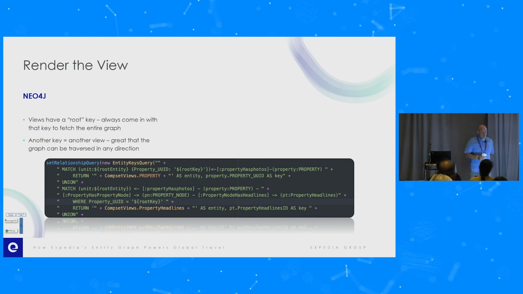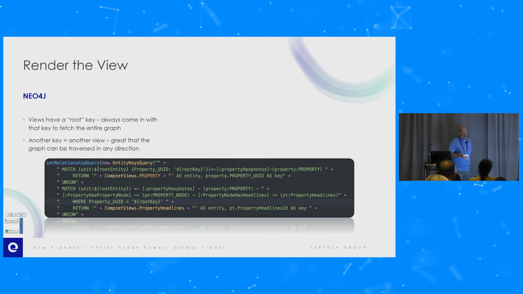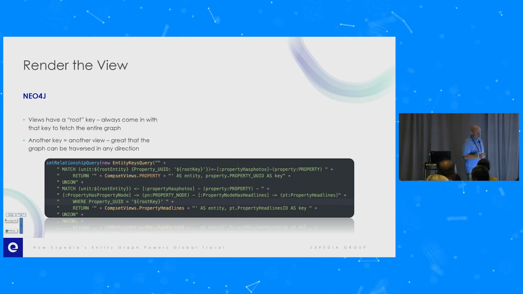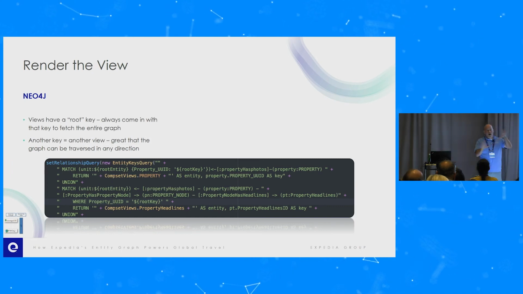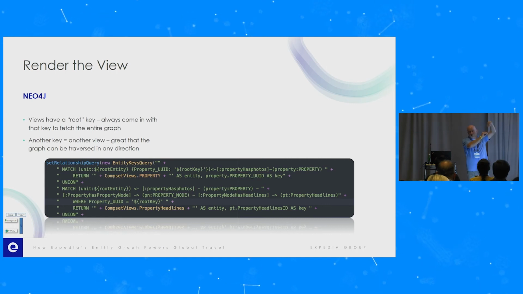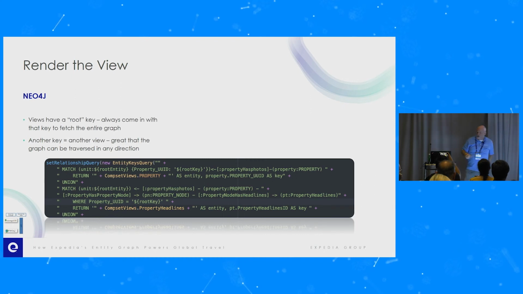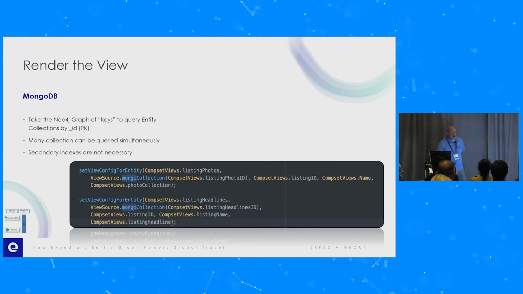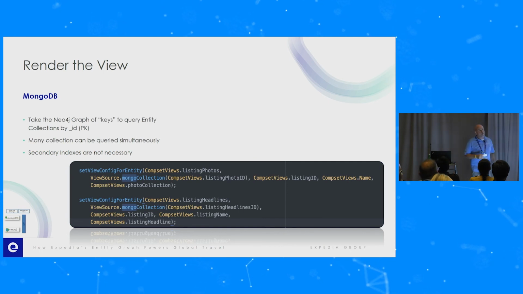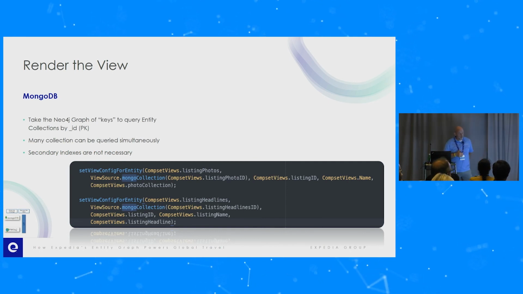And so this is just a match query that your API would run inside of Neo4j to get the graph that you're after. You start with a root key, you say where owner is whatever ID, and you grab your graph, and then you jump over to Mongo, and you use the second part of the query and grab all the pieces and hydrate your view, and so now you have a full payload for that particular view, right?